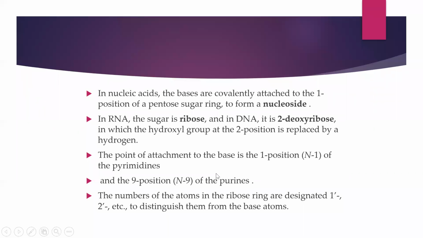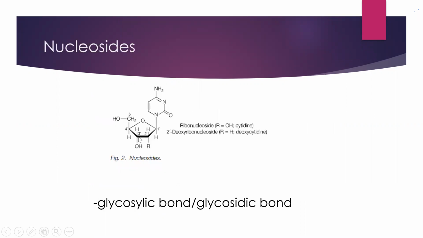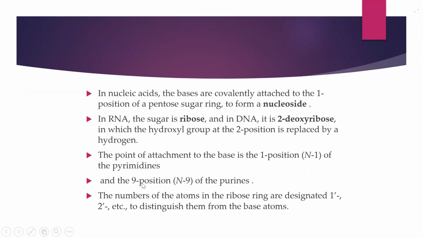The point of attachment to the base is the 1st position in case of pyrimidines, and it is the N9 position in case of purines. So the 9th position, that is N9, in case of purines.